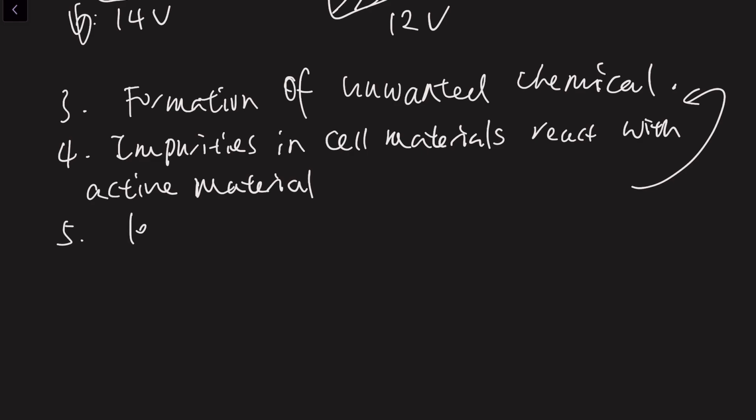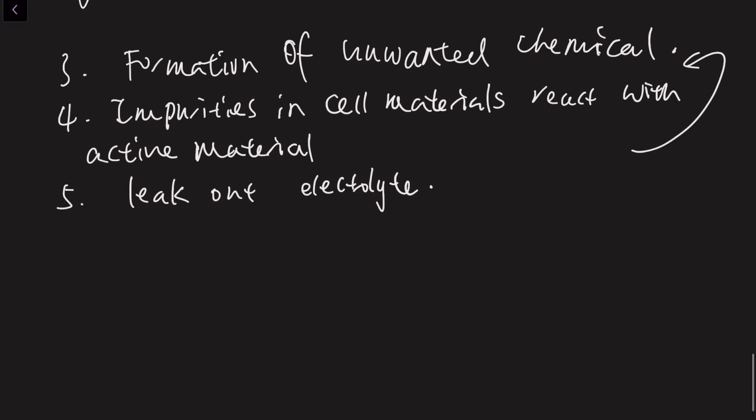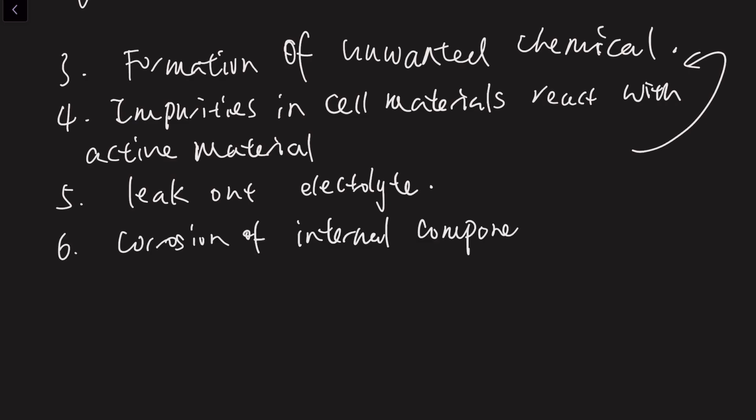Also, the electrolyte can leak out. If you have old batteries in your remote control and you forgot to take them out over a long period of time, it's very possible that the electrolyte would leak out. And in this case, the battery would not function because you cannot complete the circuit anymore. Also, you may have corrosion. For lead acid batteries, the electrolyte is very concentrated sulfuric acid.